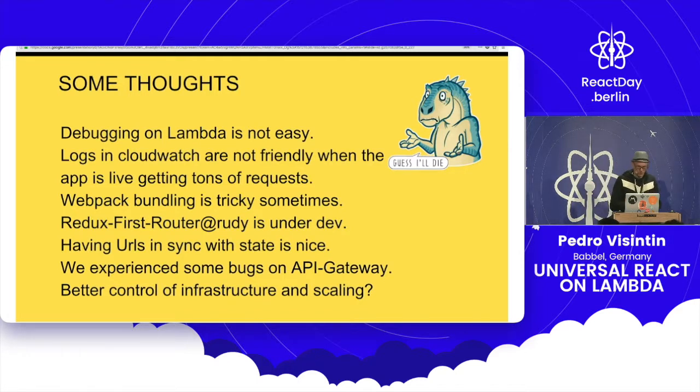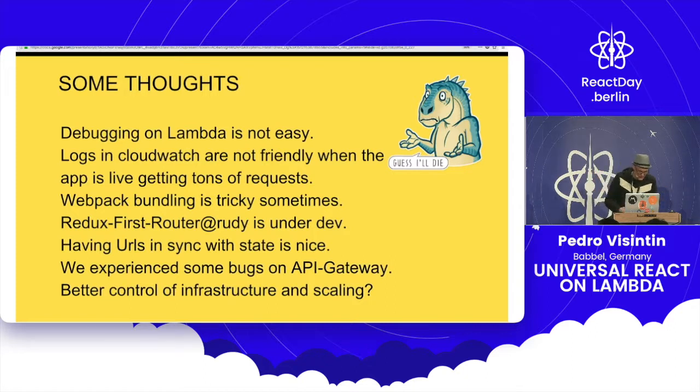Redux first router Rudy, the version that we are playing with, is under development. It's not released yet. Having your URL in sync with the state is really nice. And we experienced some bugs with the API gateway in Amazon. Sometimes we thought we were failing, and we didn't fail.